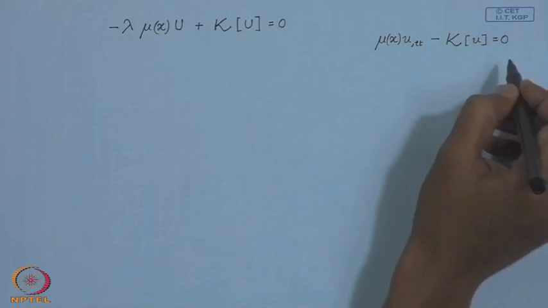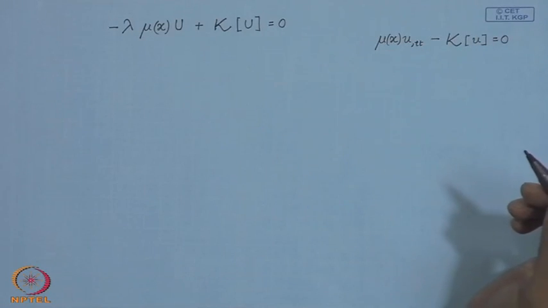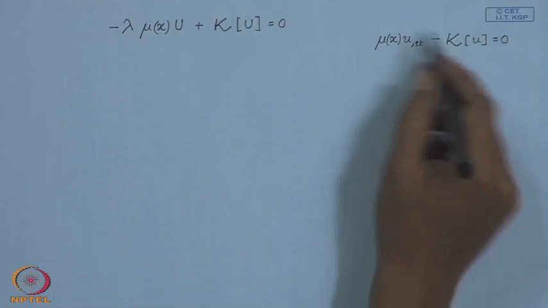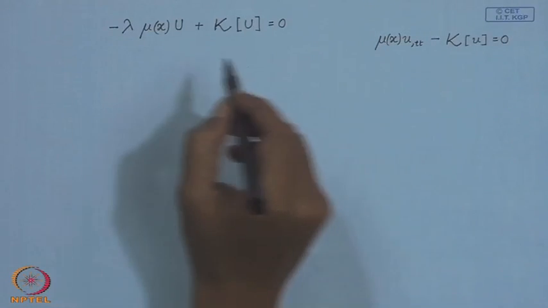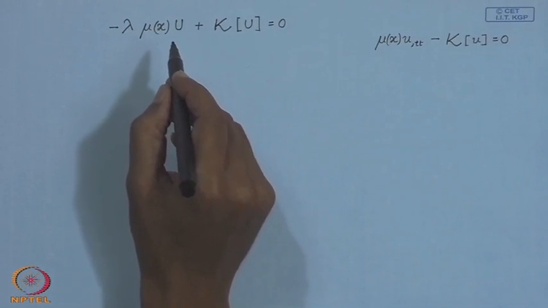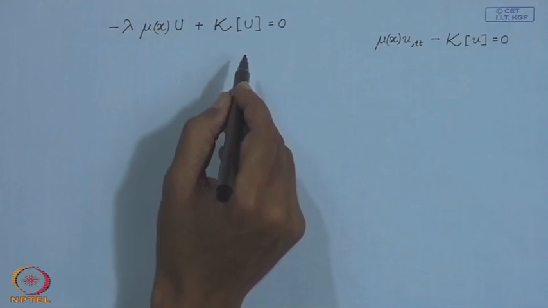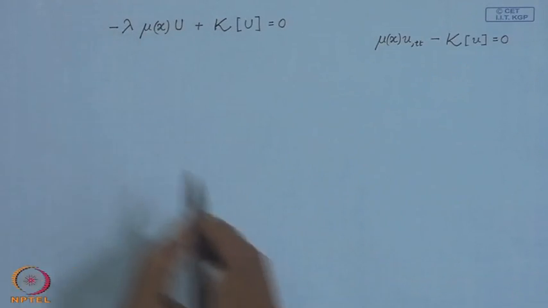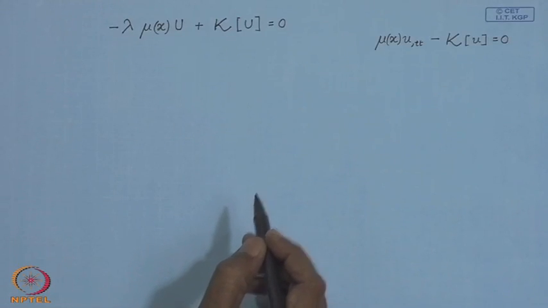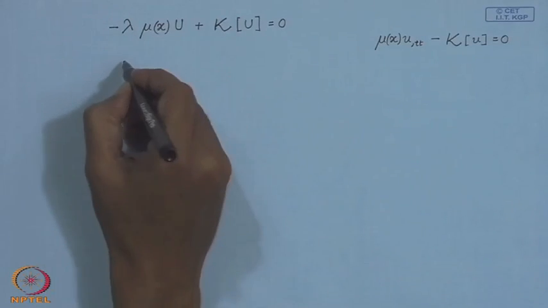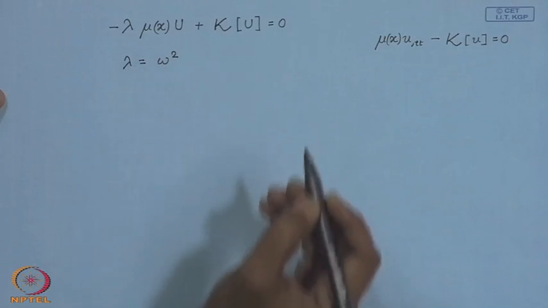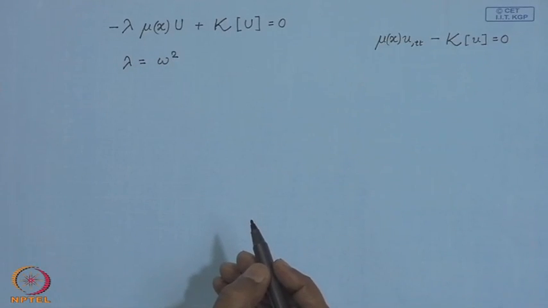So, if you write a general equation of motion of a string or a bar in this form, then the differential equation of the eigenvalue problem may be represented in this manner, where lambda is omega square.